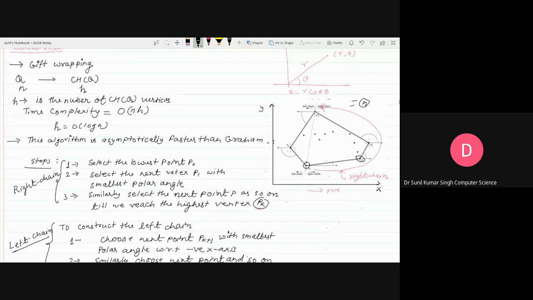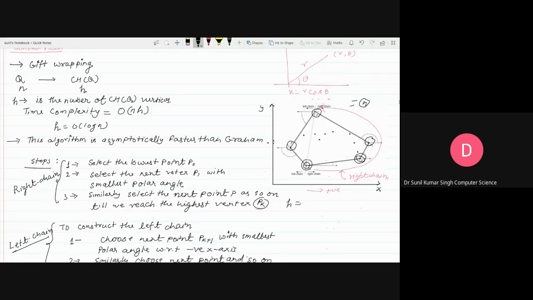And now H is the points which are part of the convex hull. So these are the points, and you can see H is the set of points which are on the convex hull.